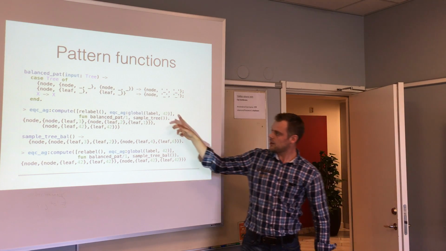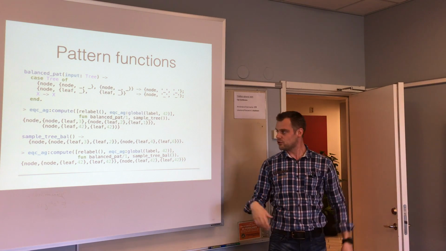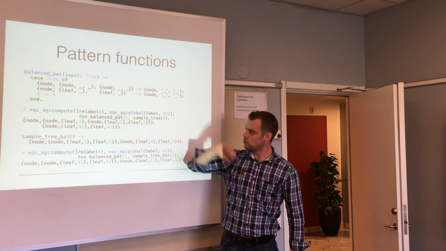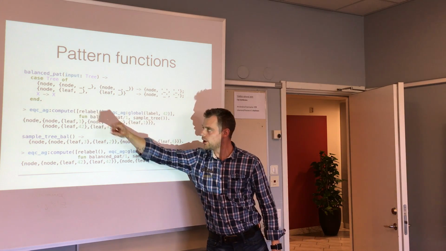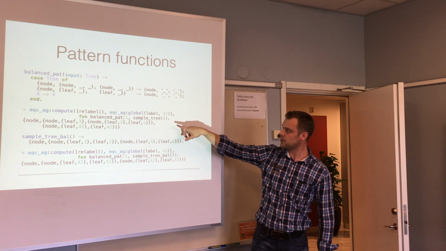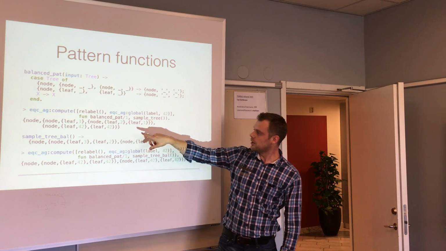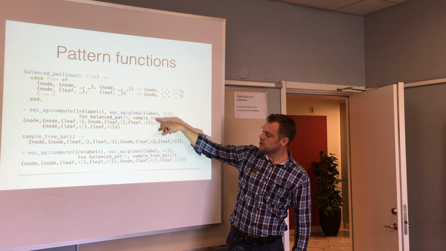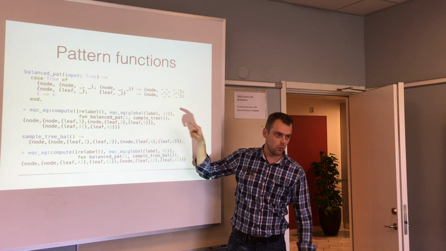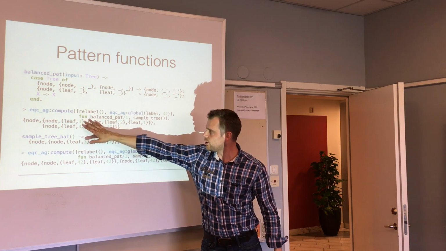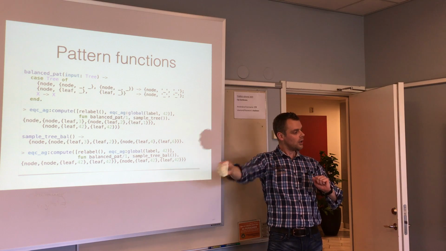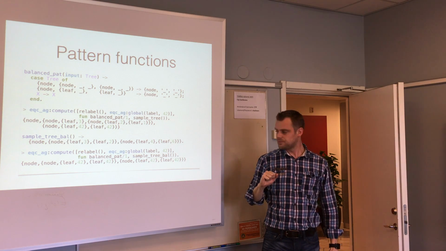So if you apply that pattern function on an unbalanced tree and try to relabel every leaf in a tree, then you can see that the sample tree was not balanced and it doesn't match, so it doesn't rename that part of the tree.